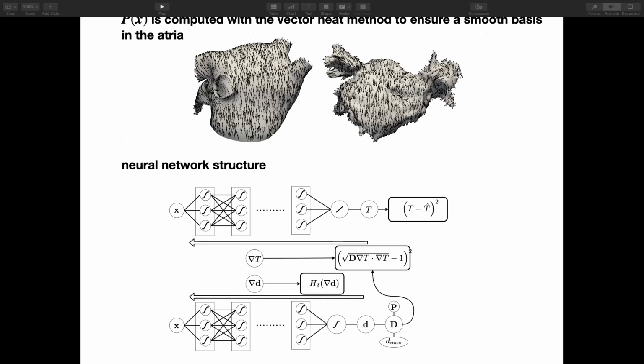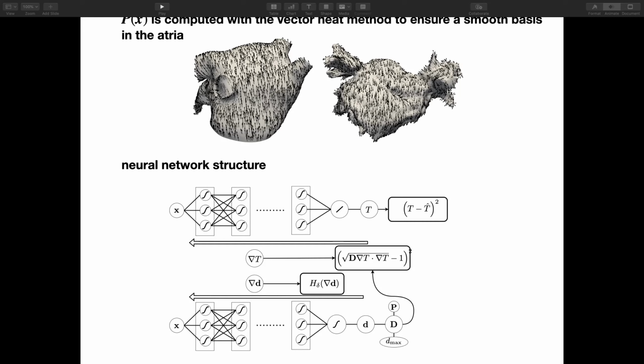So for a case where, for example, if you wanted to predict a uniform conduction velocity tensor, this will be really easy, because this basis is really smooth and is always pointing in the same direction. If you had sudden changes in this basis, the neural network will have to learn that and basically have discontinuities in the prediction of D1, D2, and D3.